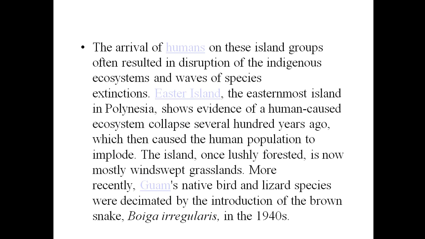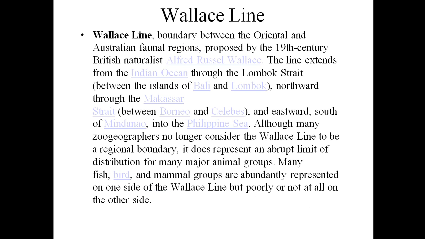All these things change because of the arrival of the human being in these islands. Even human beings have made the ecosystem to collapse. Many of the islands once lushly forested, now they have rendered to grasslands.